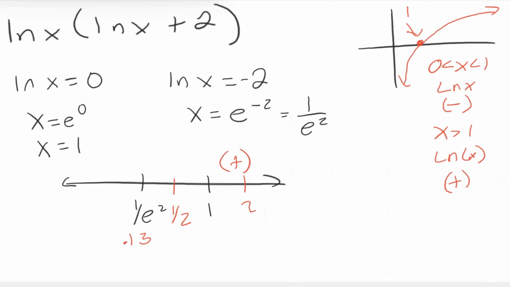It is not bigger than 2. So I add negative and positive, so that's going to be a negative. Then over here it's positive, positive, so it's positive.